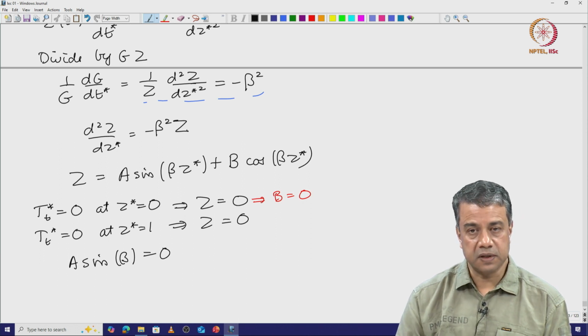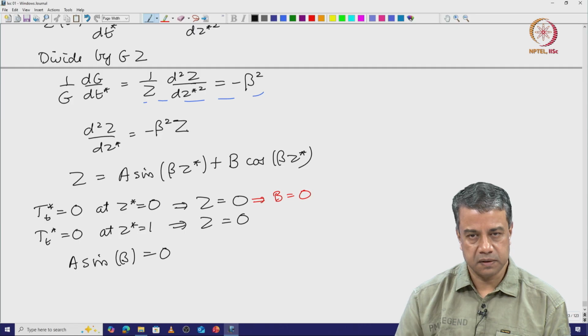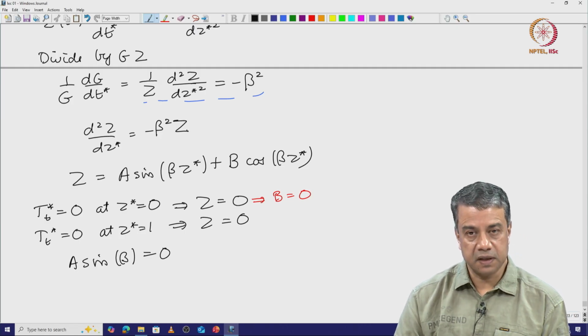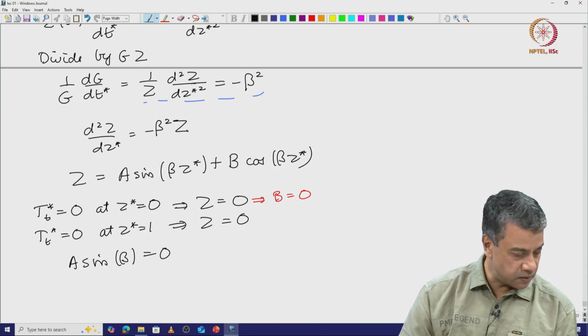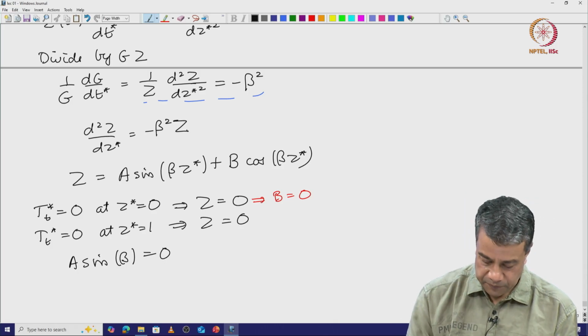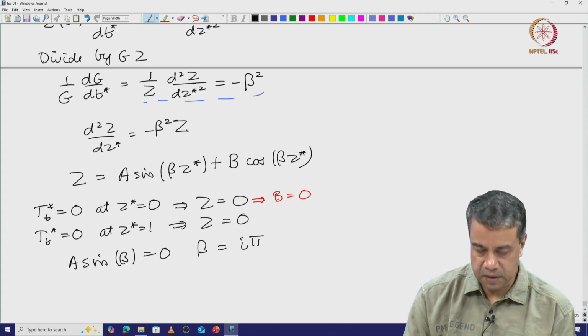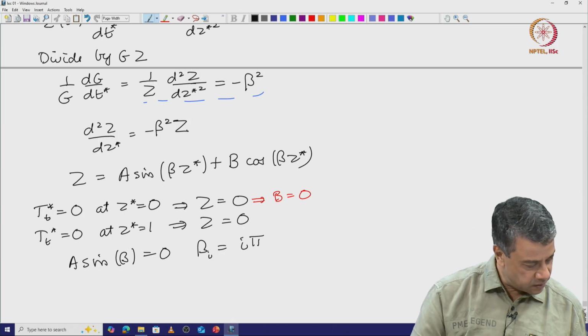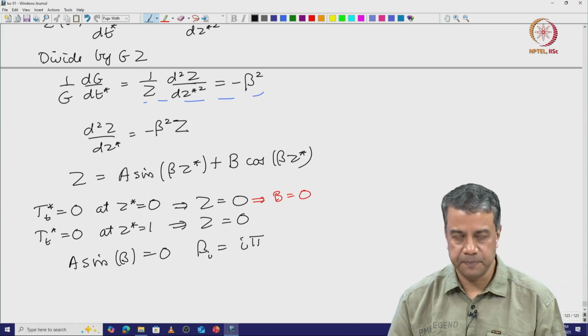If A is equal to 0, you just get a trivial solution. However, this can be satisfied even for A not equal to 0, provided beta is equal to some integer times pi. I will call this beta I, equal to some integer times pi.